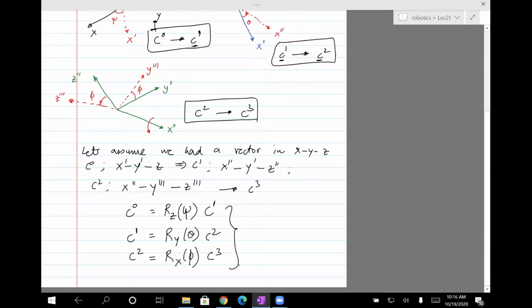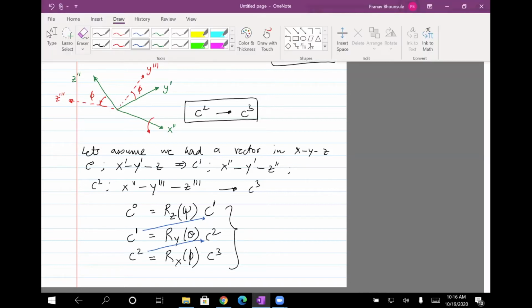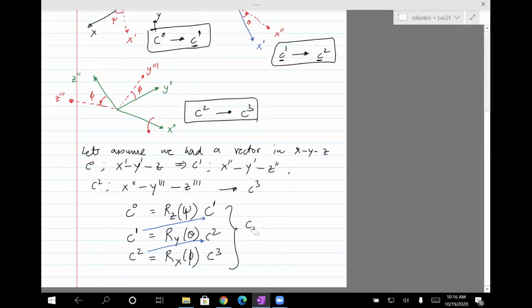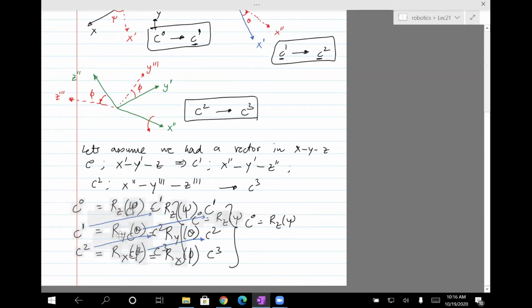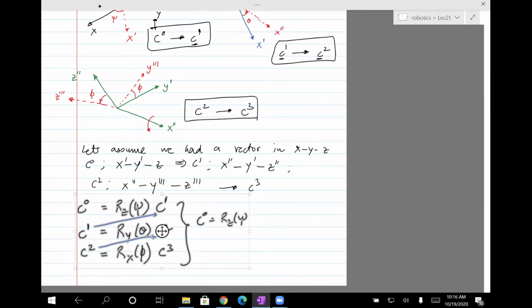So if I do the math here, which is essentially substitute this C1 there and this C2 there, then I end up getting C0 equals RZ psi, RY theta, Rx phi times C3.